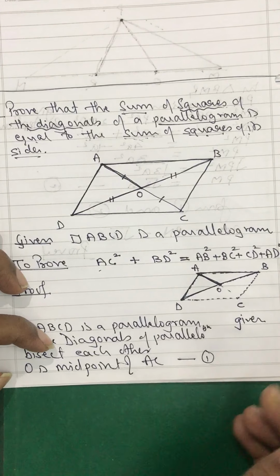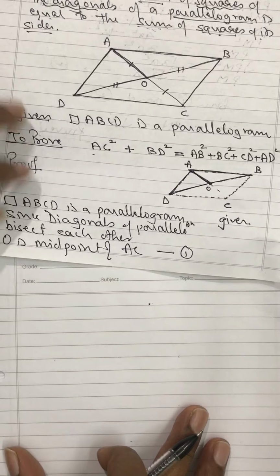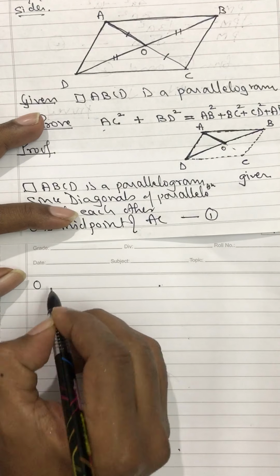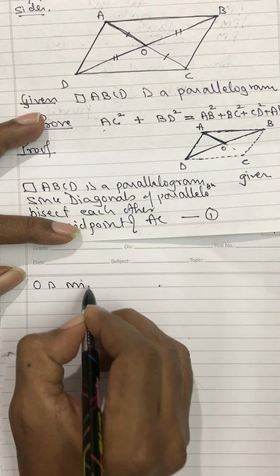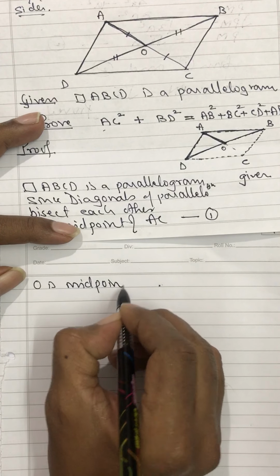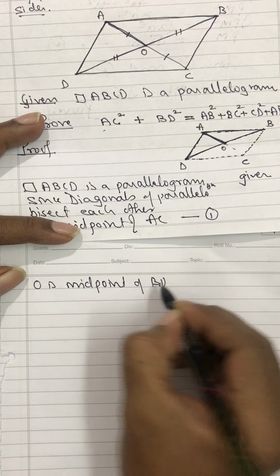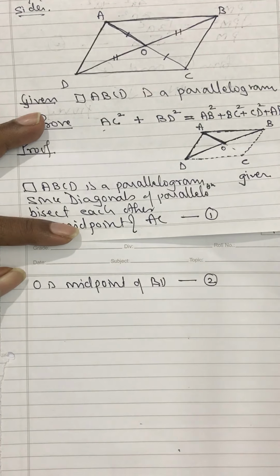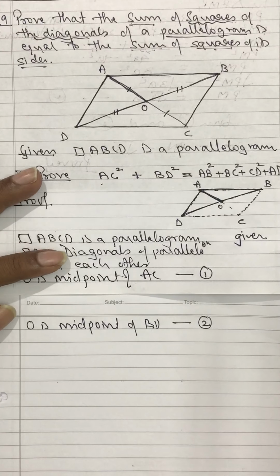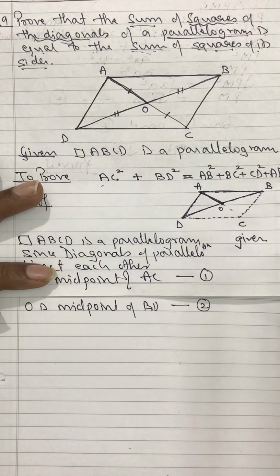I am writing this as 1. And remember, O is also the midpoint of BD. Both the things you have to keep ready. Fine, so we have reached up to here.